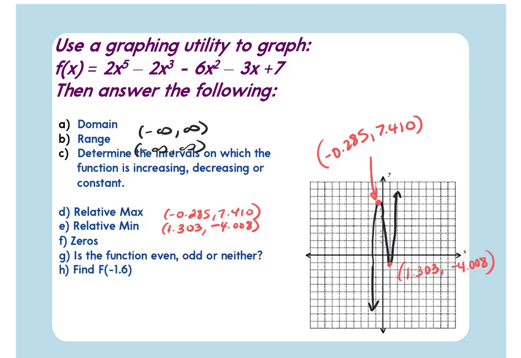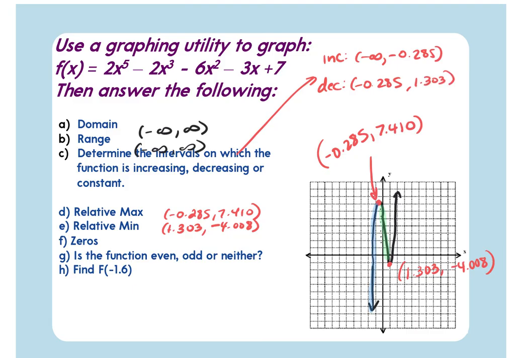Now I'm going to look at my increasing and decreasing behavior. So my graph starts at the bottom and it works its way up, which means that first interval is increasing. It is increasing, I'm going to do this over here, increasing from negative infinity to the x coordinate of my max, which is negative 0.285. Then it changes and it comes down, which means it's decreasing from that x, which is negative 0.285, to the x on my minimum value, which is 1.303.